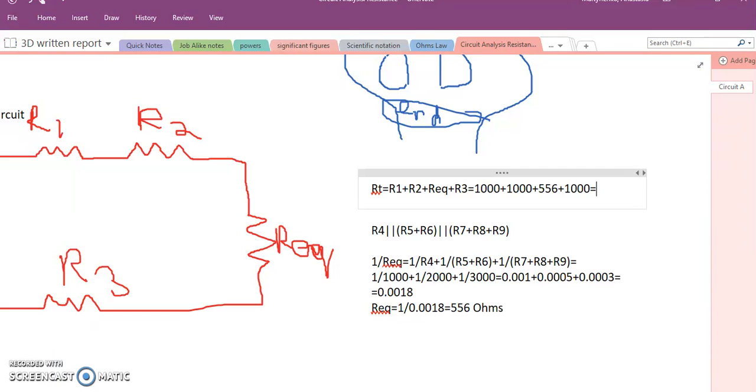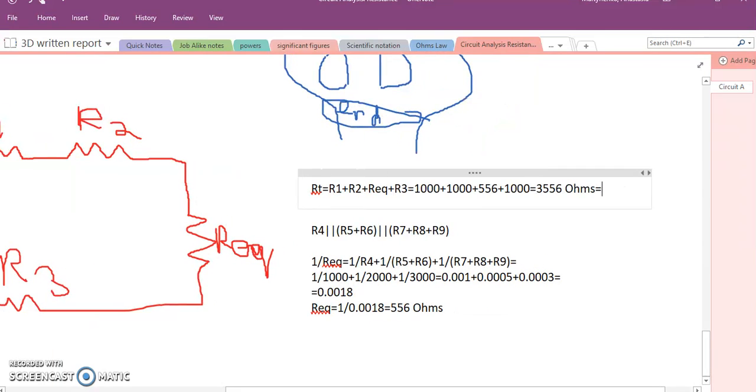So this comes out to 3,556 ohms. And of course, please put this in engineering notation. So this is 3.56, I'm rounding this up as I'm writing this down, K ohms, like that.